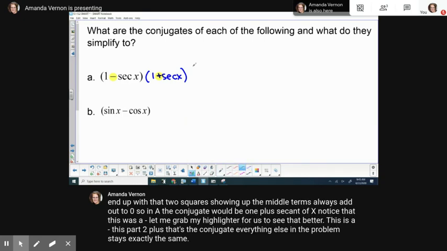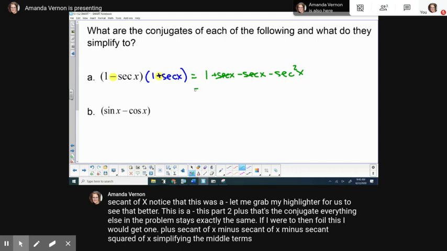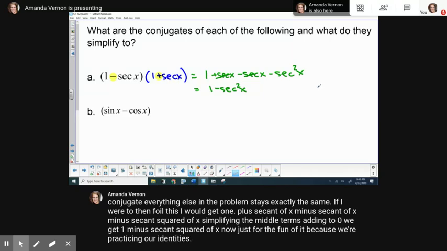If I were to then FOIL this, I would get 1 plus secant of x minus secant of x minus secant squared of x. Simplifying the middle terms, adding to 0, we get 1 minus secant squared of x. Now, just for the fun of it, because we're practicing our identities, this one should resemble one of our Pythagorean identities.